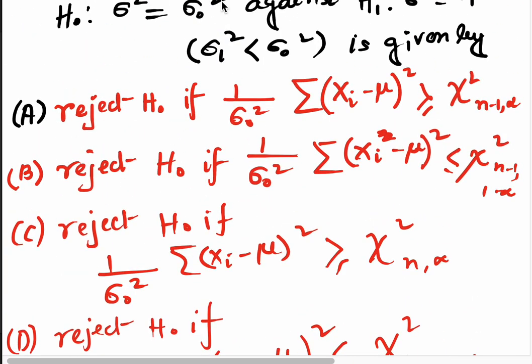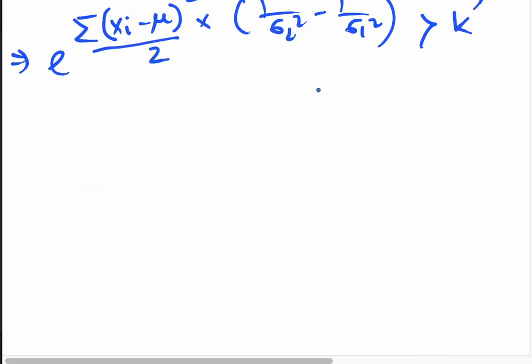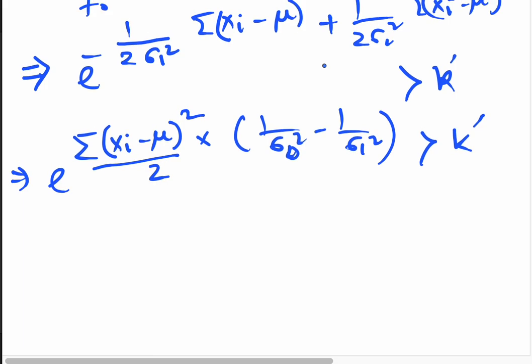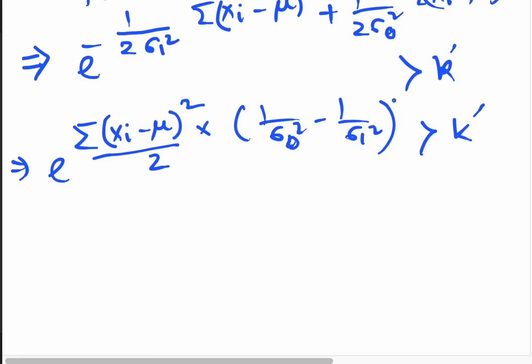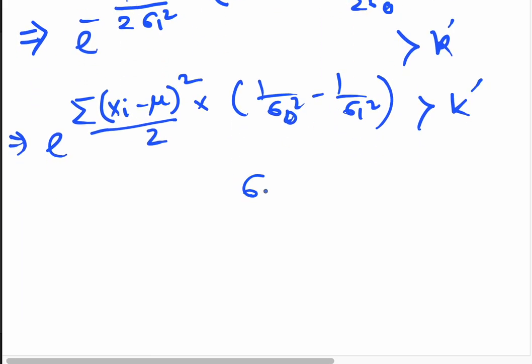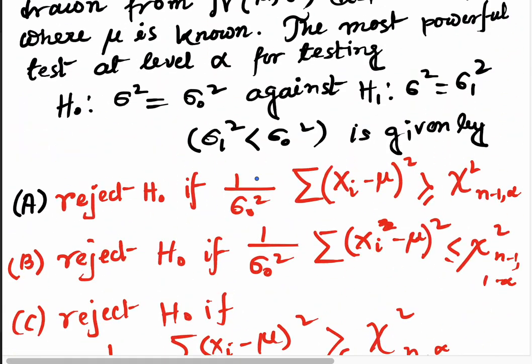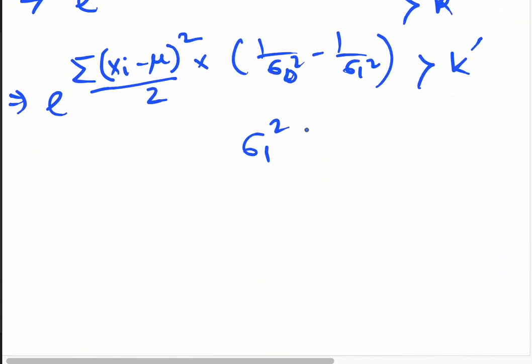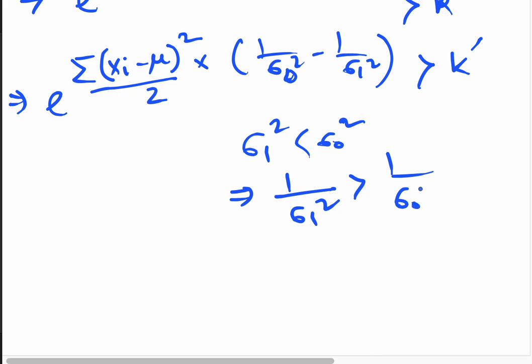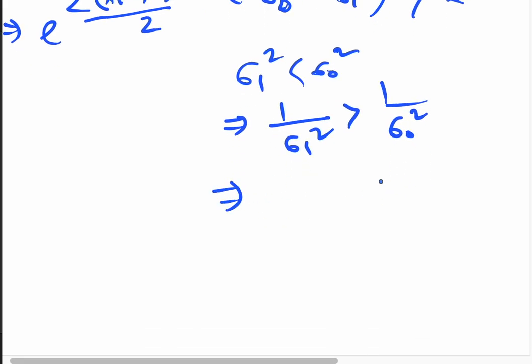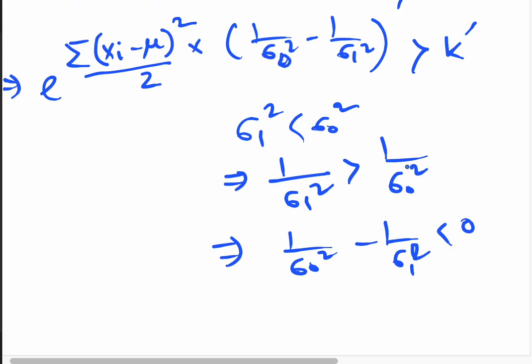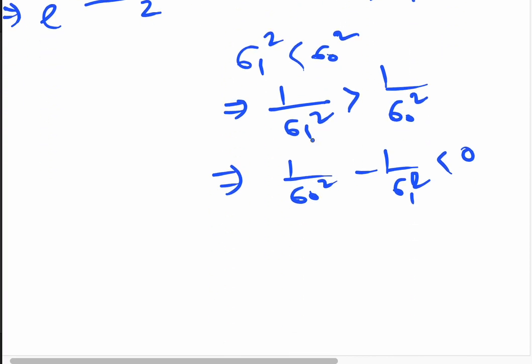Now you see here sigma 1 square is less than sigma 0 square, that means 1 by sigma 1 square is greater than 1 by sigma 0 square. So this means sigma 0 square minus sigma 1 square is greater than 0, so the coefficient is negative.